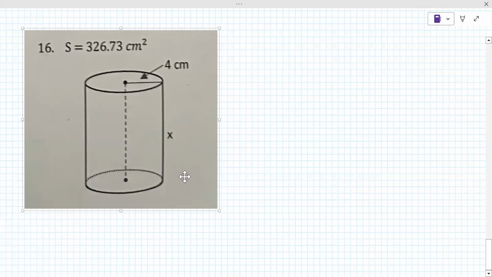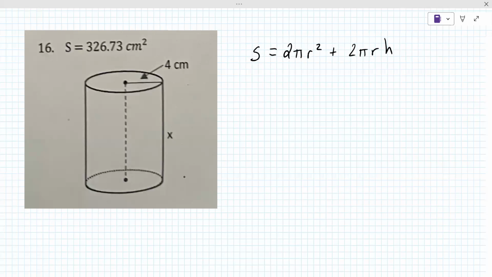I'm ready. All right, so the formula for the surface area of a cylinder is 2 pi r squared plus 2 pi r h. R stands for the radius and h stands for the height.